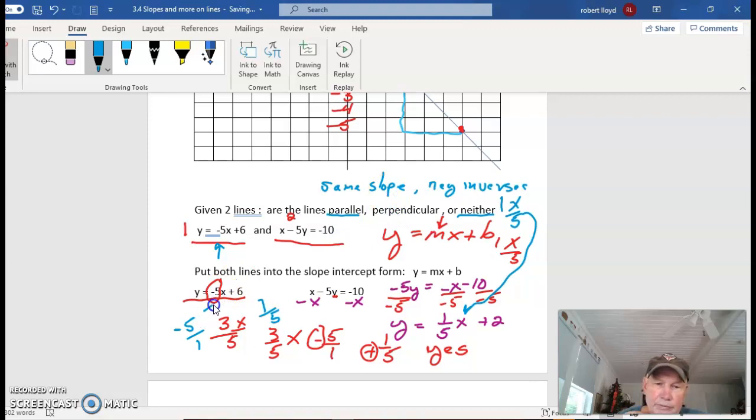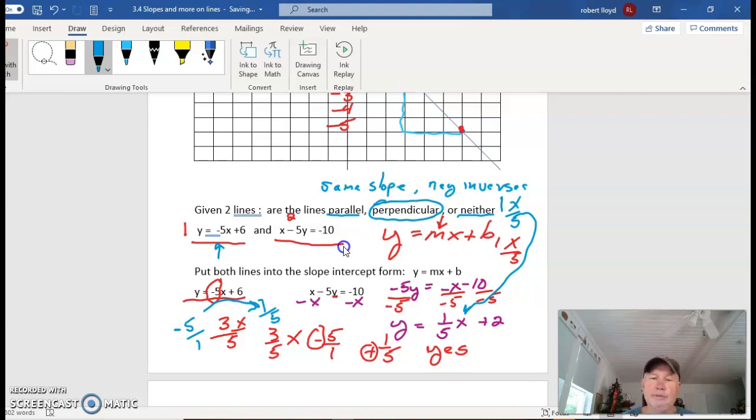Well, are these negative inverses of each other? If we change the sign here from a negative to a positive, we're in good shape. And then if we invert the fraction, we would have 1 over 5. So that would be yes for the perpendicular.